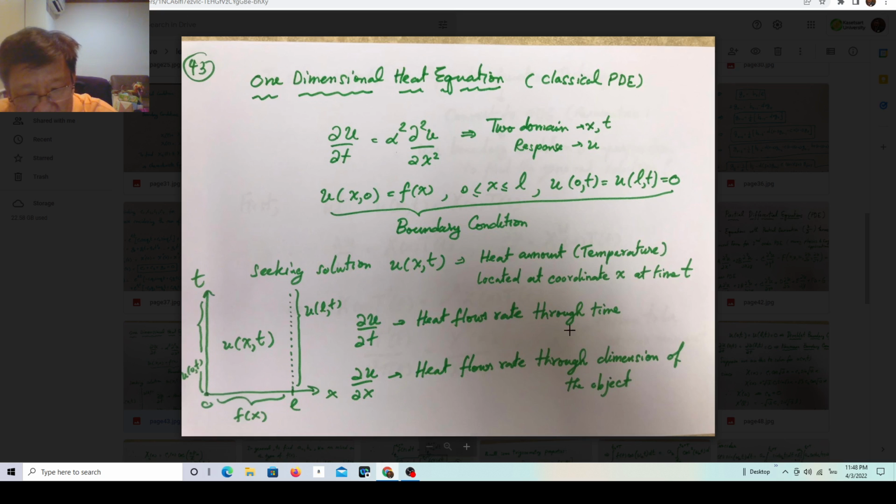So this is a heat flow rate through time. And the partial derivative of u with respect to x is the heat flow rate through the dimension of the object, which in this case we only consider one dimension, x. So this is the starting point for the definition of the heat equation.